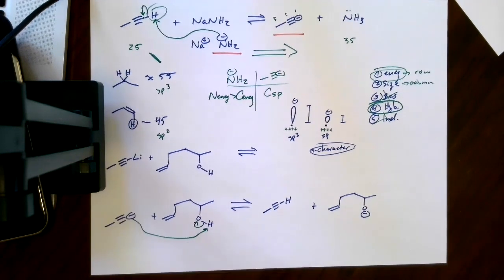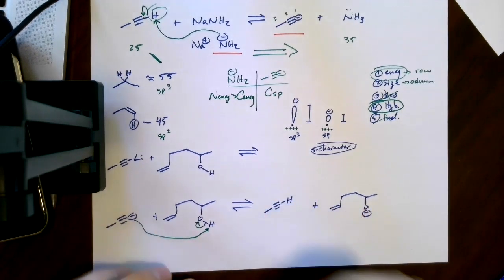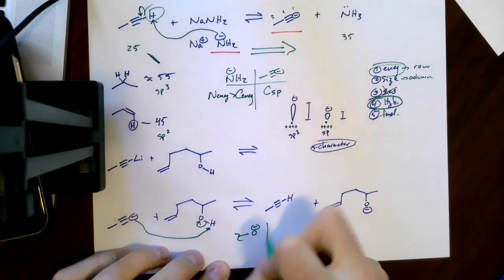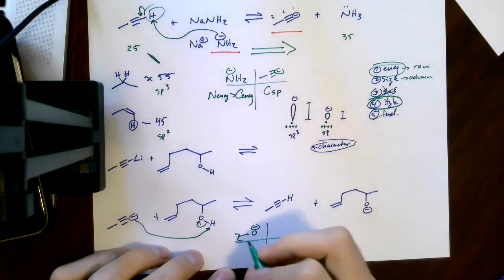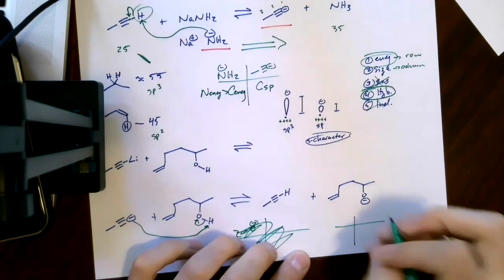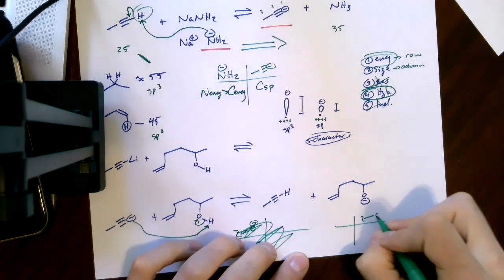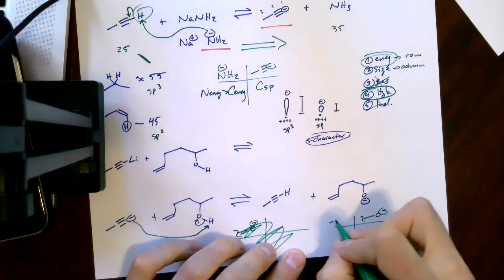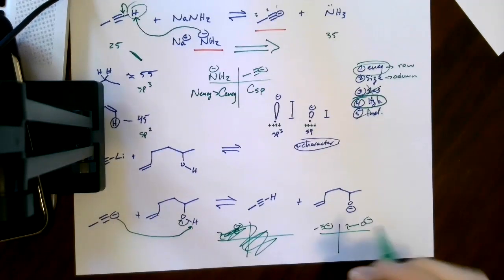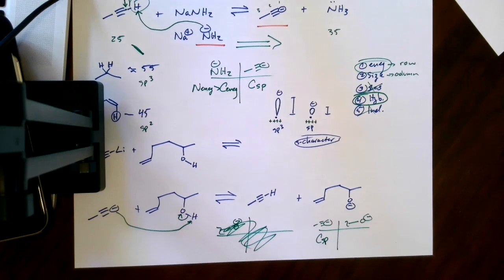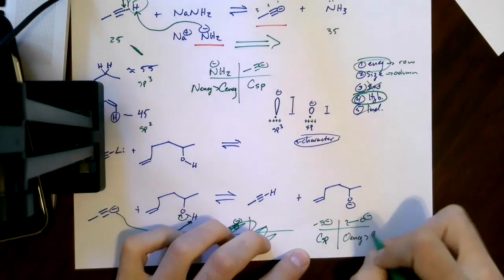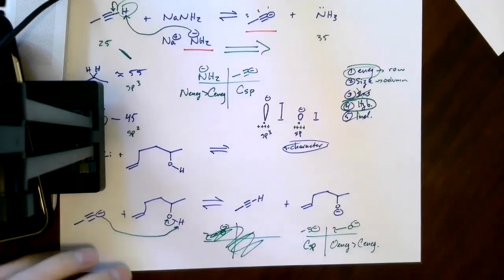And so now we have to decide again, much like before, sorry, let me redraw that. What is more favored? The alkyne due to sp hybridization, or the O electronegativity outweighing carbon's electronegativity?